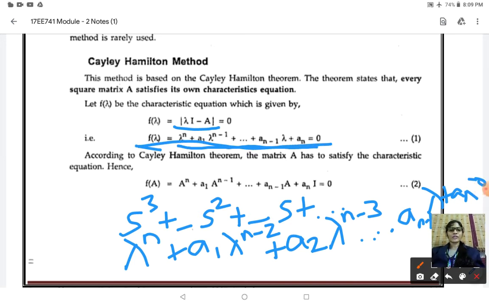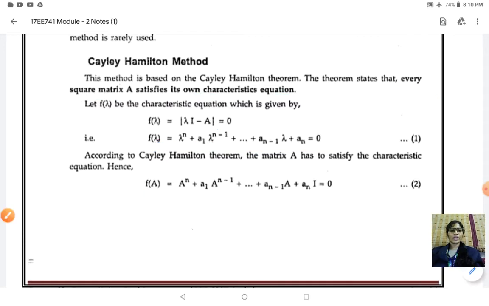What the theorem says is that every square matrix A should satisfy its own characteristic equation. So we write f of A, where the roots of the characteristic equation give the eigenvalues. From there we can write f of A equal to A to the power n plus a1 A to the power n minus 1, and it goes on.